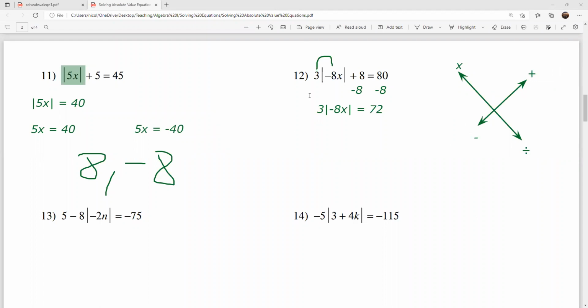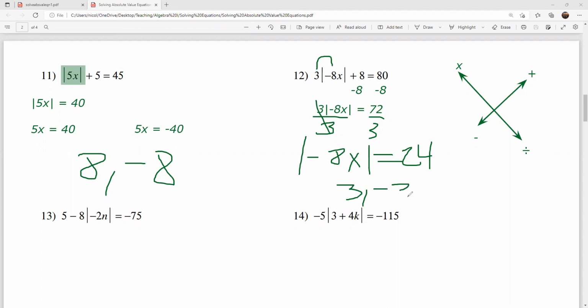So I'm going to divide this 3 to the other side. That way it cancels out over here. I now get the absolute value of negative 8x is equal to 72 divided by 3, which is 24. And you get x is 3 and negative 3. Those are my two answers.